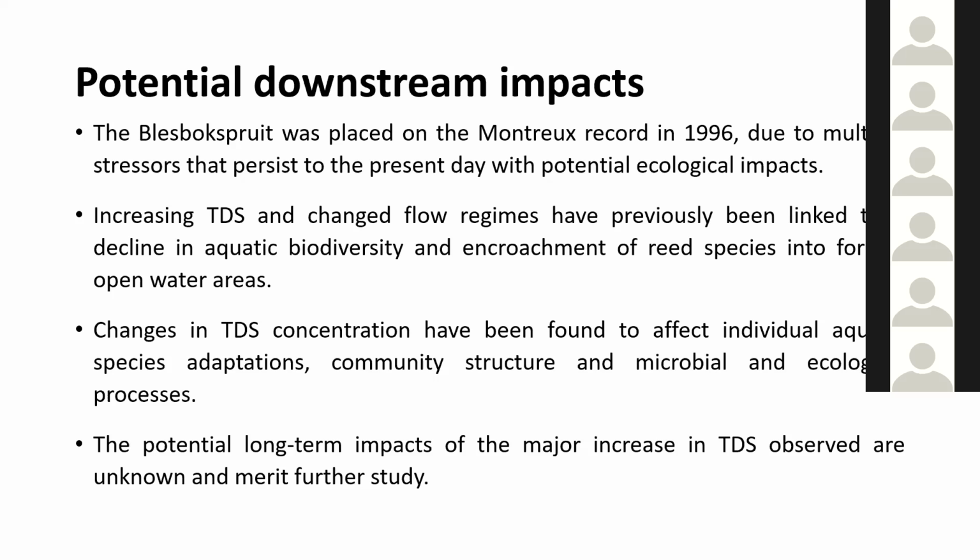Just in terms of how TDS affects aquatic biodiversity, it's found to affect the individual aquatic species adaptations, community structure, and microbial and ecological processes. And the long-term impacts of the major increase in TDS are unknown, especially with regards to the biodiversity, and merit further study.